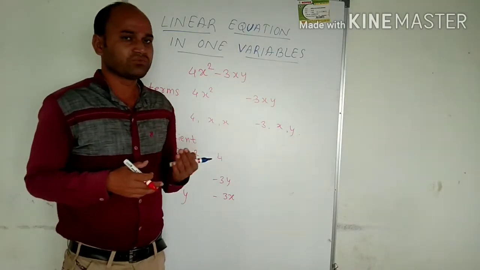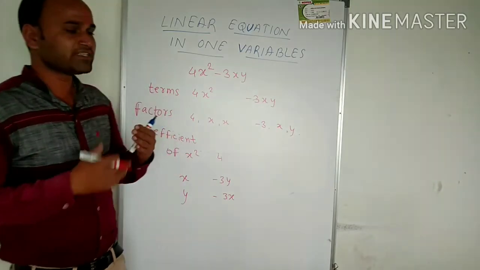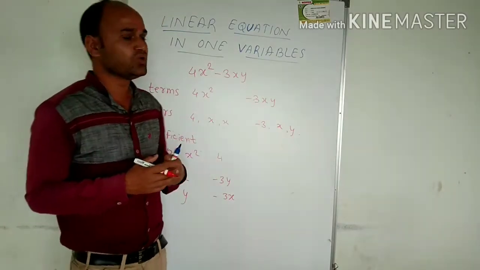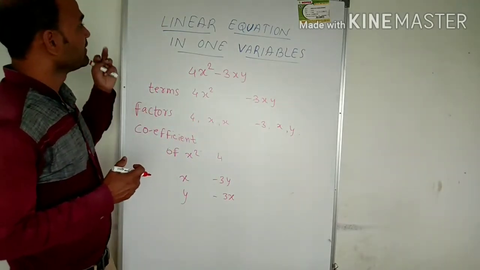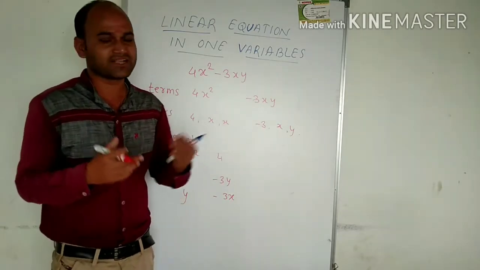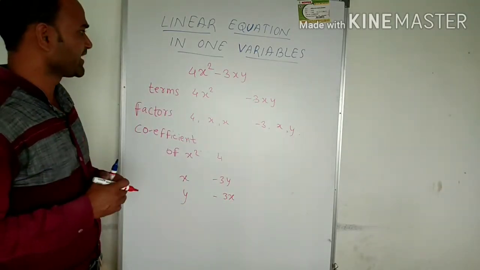An expression which has degree 1 is called a linear equation. An expression whose highest degree is 2 is called a quadratic equation, and one with degree 3 is called a cubic equation.